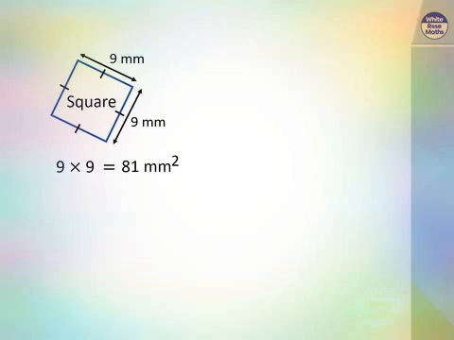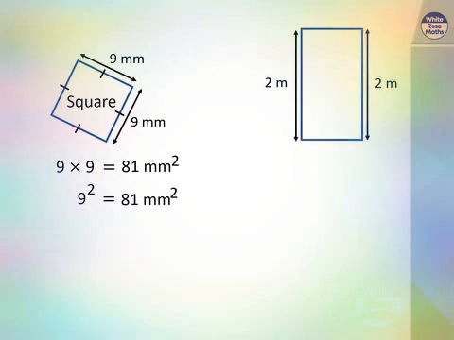We could also write that as 9 squared, and that's why we use the word squared when we're dealing with squaring a number, because 9 squared means 9 times 9. Because if we have two sides that are 9 millimetres in this case long, we have a square. 9 squared equal to 81 millimetres squared.